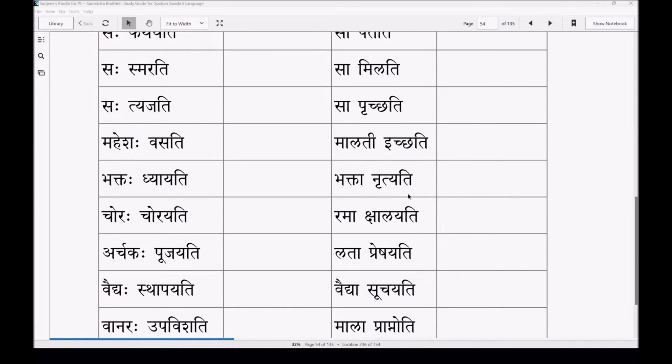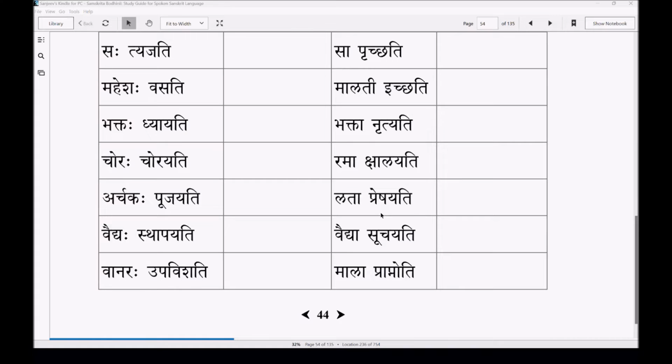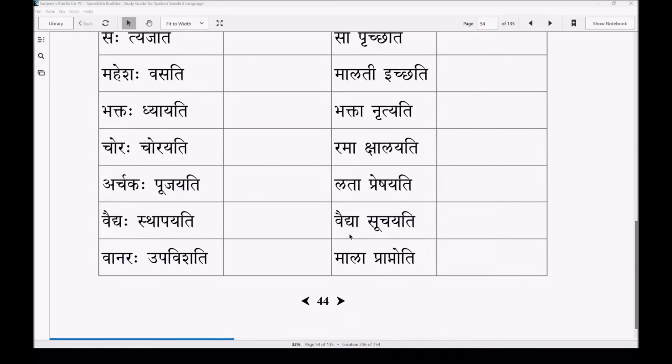And bhakta nrityati, female devotee dances. And kshalayati, washes something. Rama kshalayati, washes like a dish or something. Then lata preshayati, sends. Preshayati means sending. Lata is sending something.